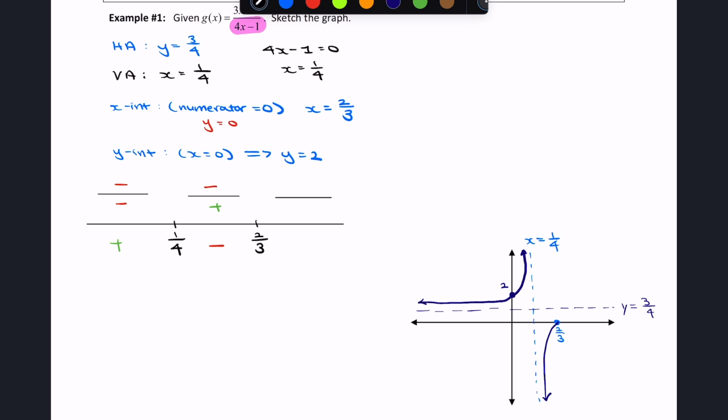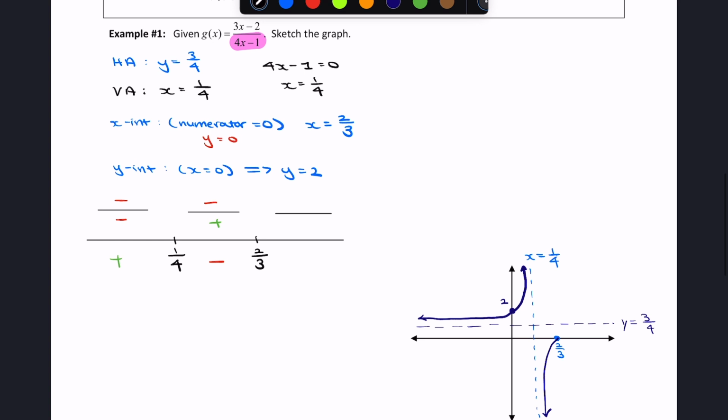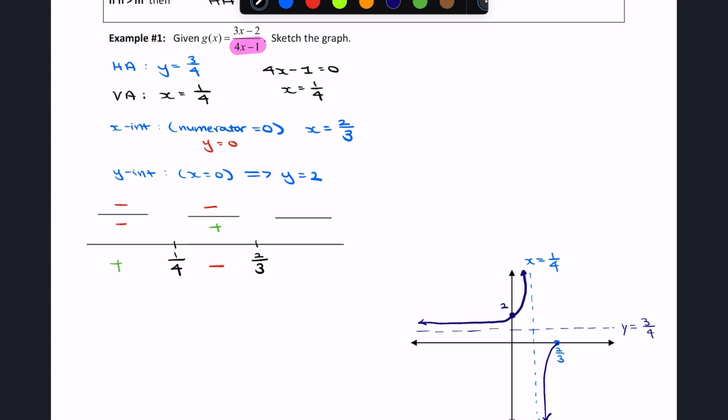If we sub in something that's greater than 2 over 3, for example a value of 1, you see here that both the numerator and the denominator are positive, which means that it is positive, or above the x-axis. So after 2 over 3, it would again be above the x-axis, get close to 3 over 4, which is the horizontal asymptote, but not quite hit it.